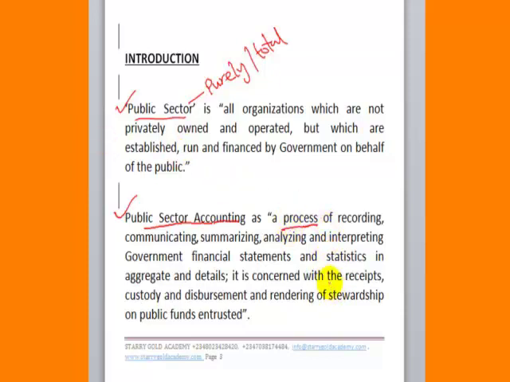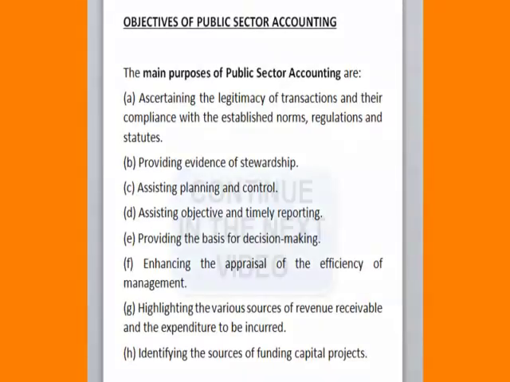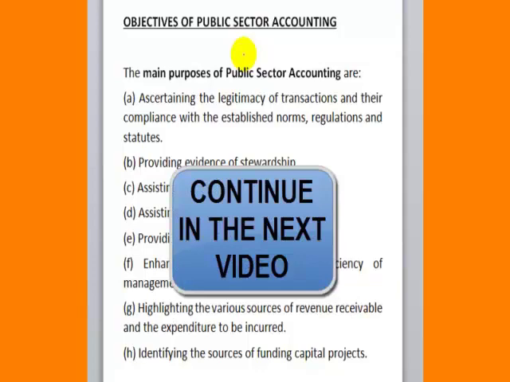It has to do with the receipt of taxpayers' money, the custody, how safe the money was kept, and how the money was disbursed for the purpose it was meant for. So that is about the definition of public sector accounting.